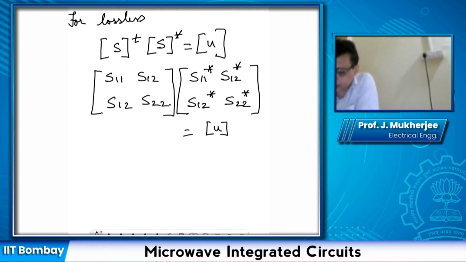Which can be further simplified as, so if I multiply this matrix with this, what do I obtain?